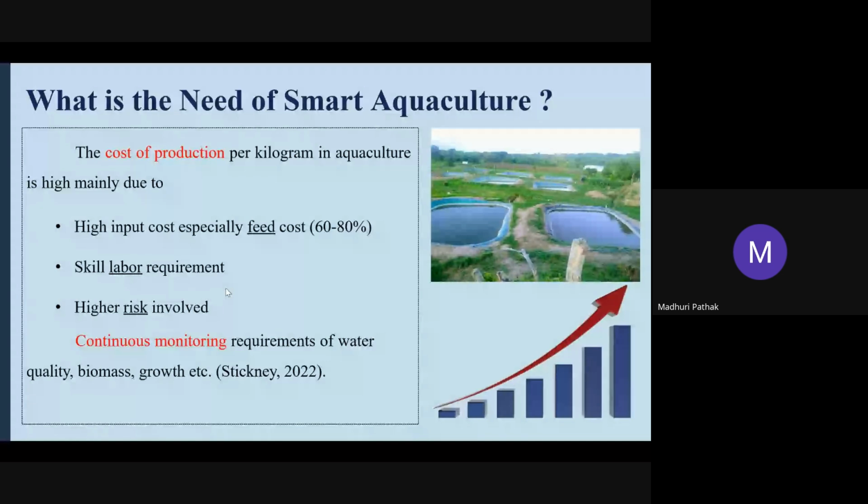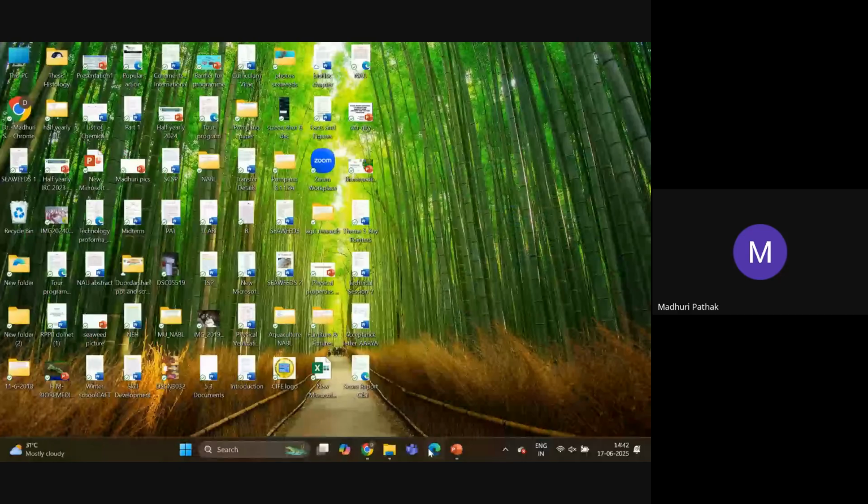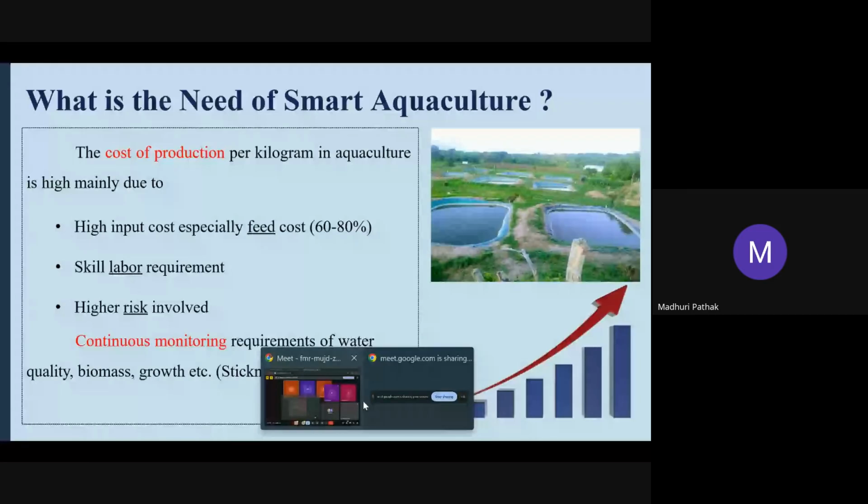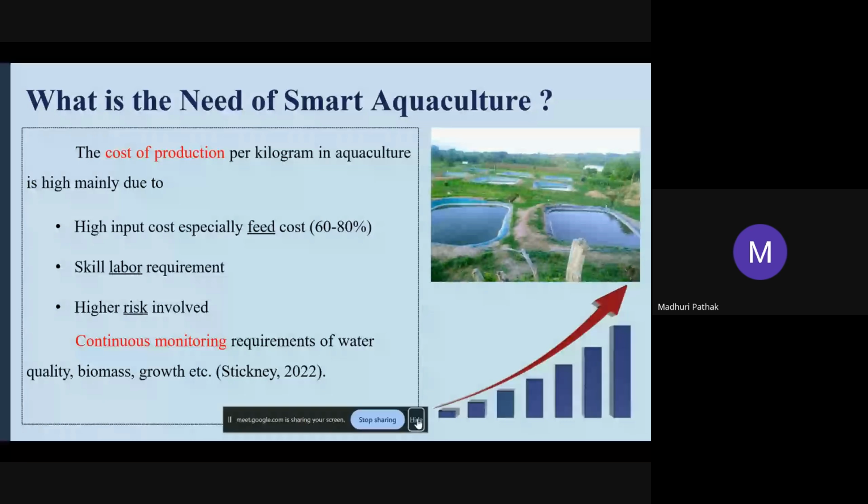You will come to know only when you do the sampling, every 15 days or 10 days, that any parasite infection or any viral infection is there. So it's a huge risk business, because if you are doing shrimp aquaculture and your pond is infected, you don't know how to do the treatment, or which disease it is diagnosed with.